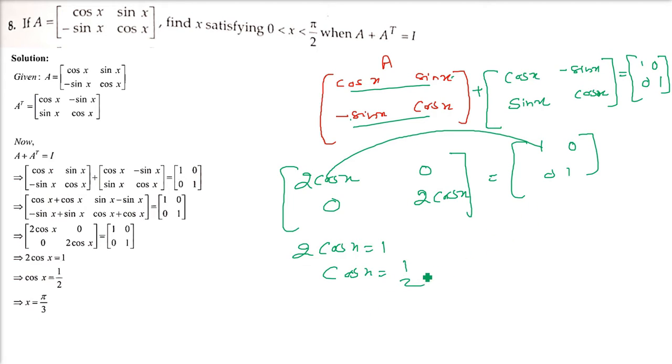So what is the value between 0 and 90 degrees, or 0 and pi by 2, which is going to give you the half value, which is 60 degrees. Cos 60 is 1 by 2. So you can either write 60 degrees, or since the question is given in terms of pi, just write the answer as pi by 3. Okay, pi by 3.